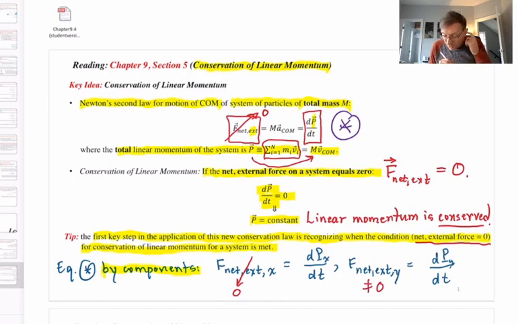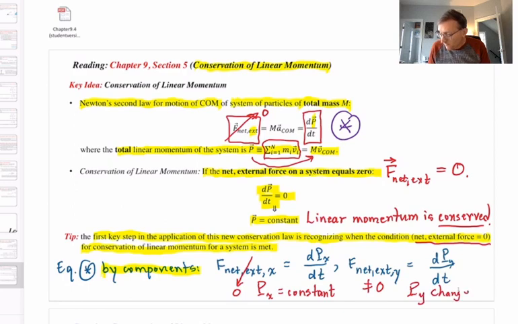If that is the situation, then for that system, since F net external x component equals 0, dpx dt equals 0, you may use the fact that p sub x must equal a constant, but p sub y will be changing with time.